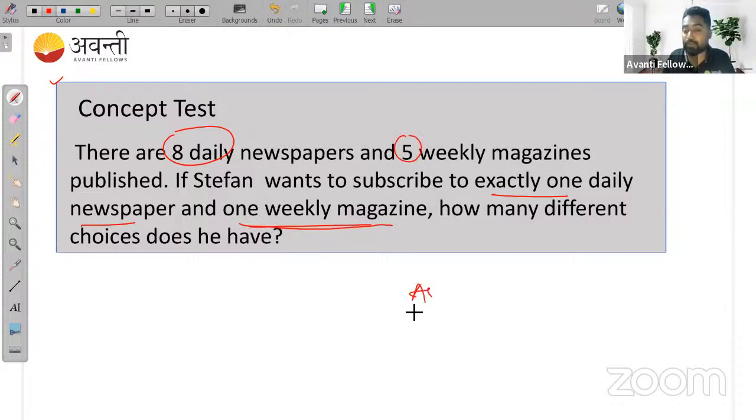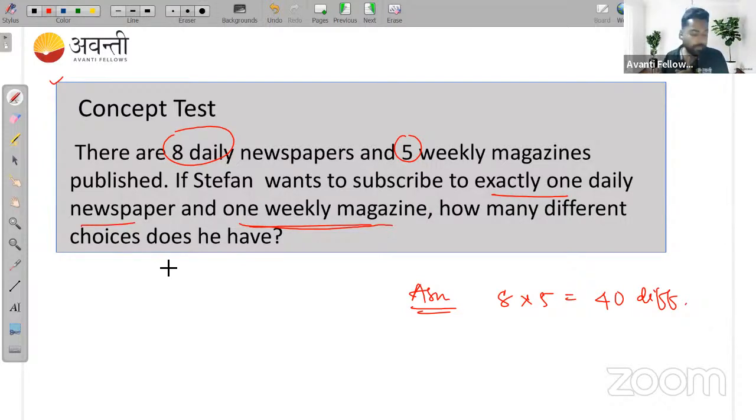That means the answer will be 8 into 5, that is 40 different ways in which he can subscribe to exactly 1 daily newspaper and 1 weekly magazine.